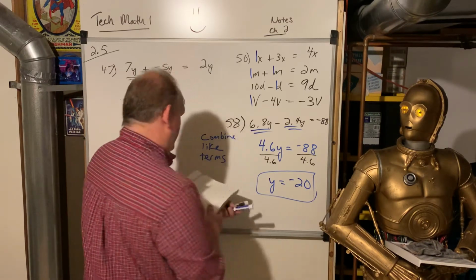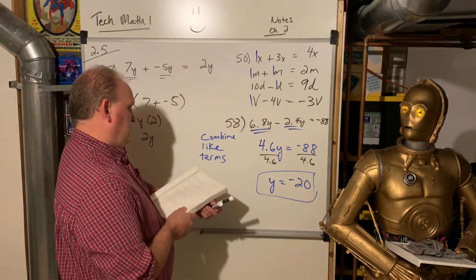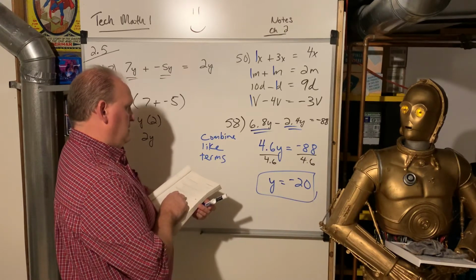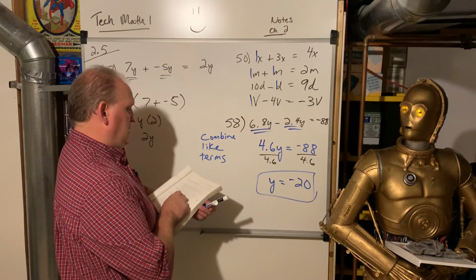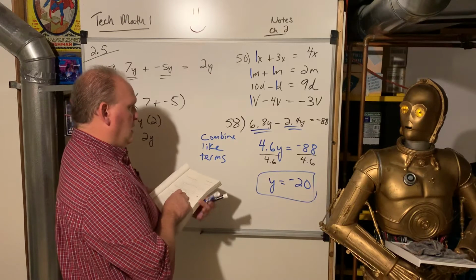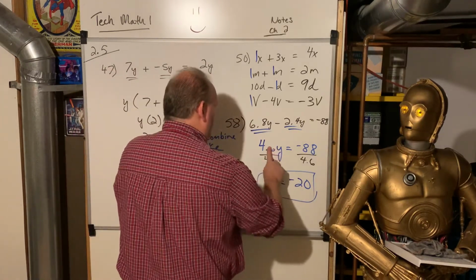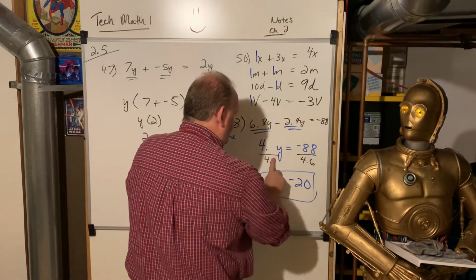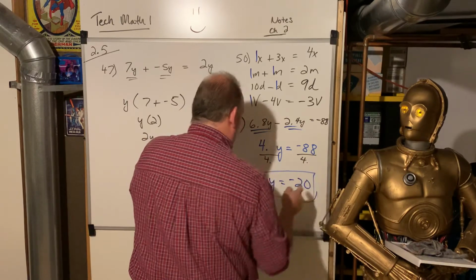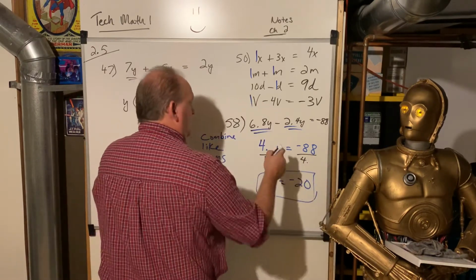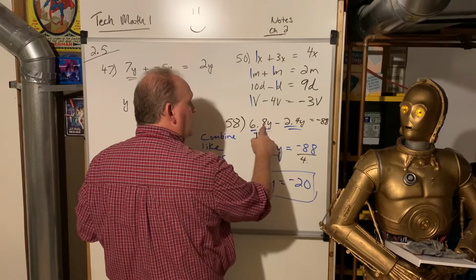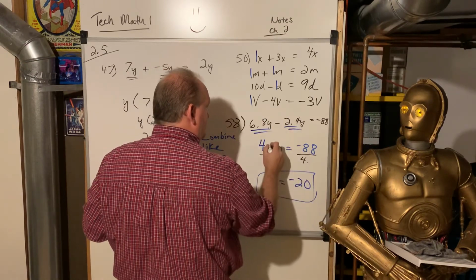No, that can't be negative 20. 4.6, 2.8, 6.8. Oh, that's because that's 4.4. Sorry about that. I don't know where I got a 6.8 minus 2.4 is 0.4.